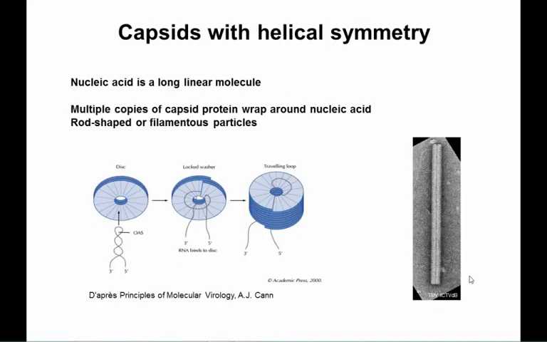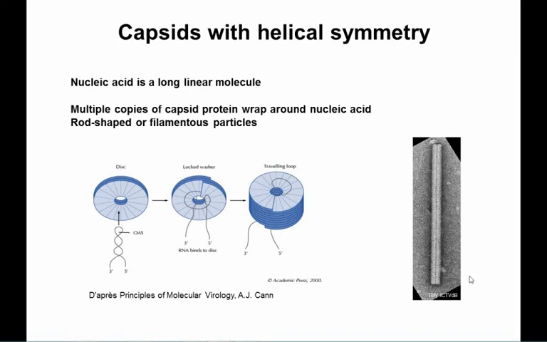Right, so helical and icosahedral symmetry. What are the basic elements here? What is the point of the capsid? Well, the basic function of a virus capsid is to protect nucleic acid. Inside an infected cell, the virus nucleic acid has to be free, because it's got to be available to direct mRNA synthesis to produce proteins.